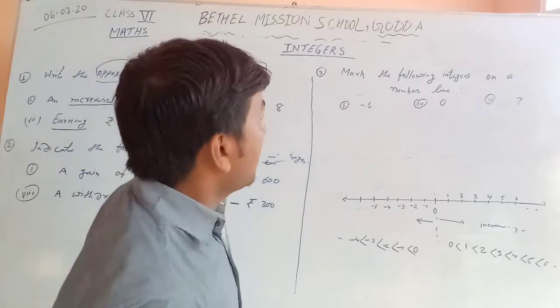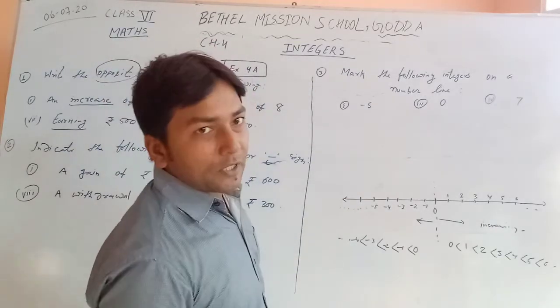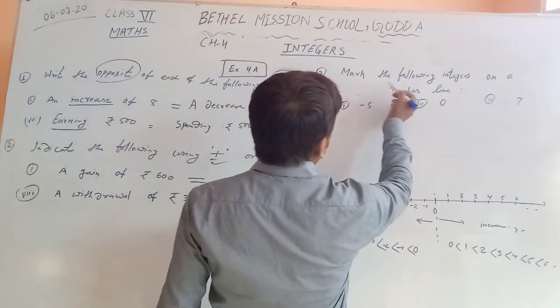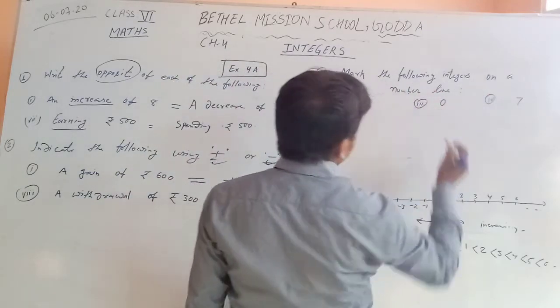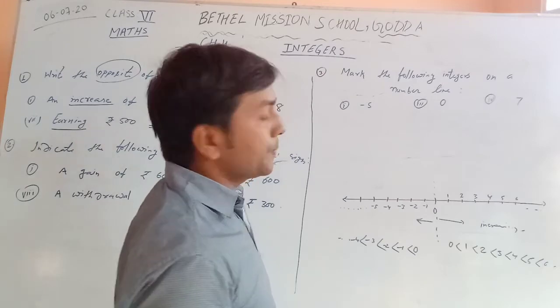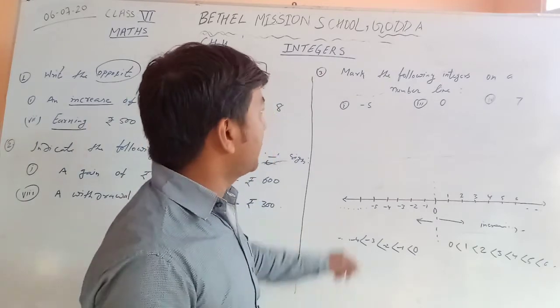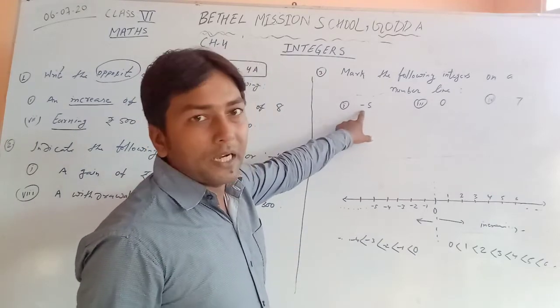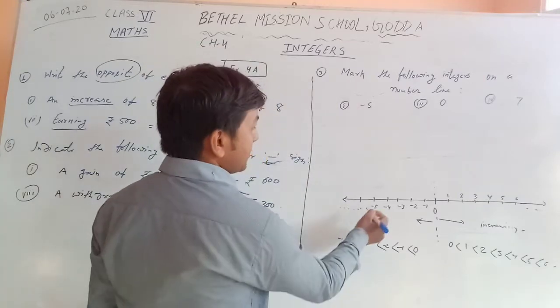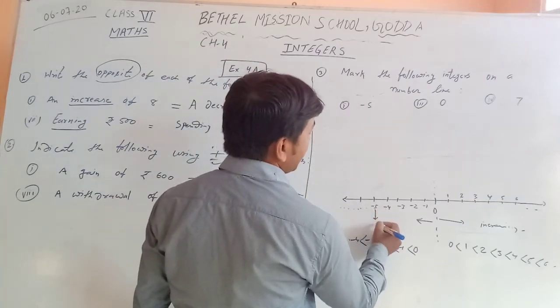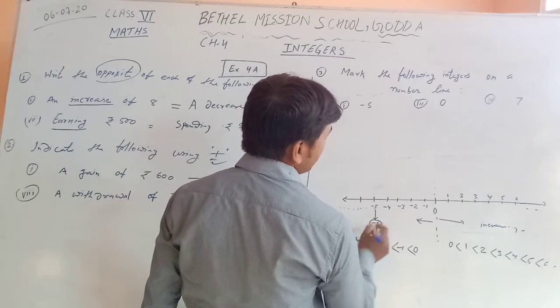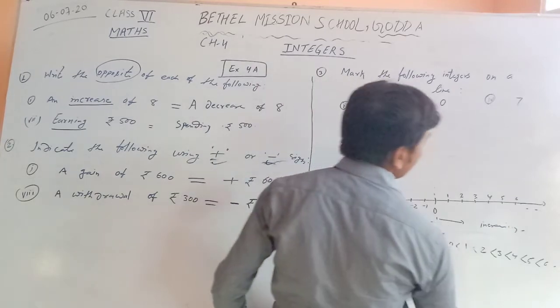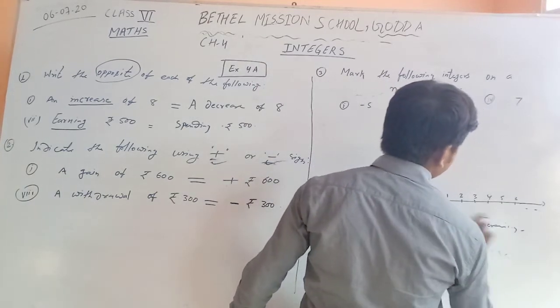Okay, so the fourth question says that mark the following integers on the number line. You have to mark on the number line where -5 is situated. -5 is situated here, so mark here it is -5. On your copy you will write.